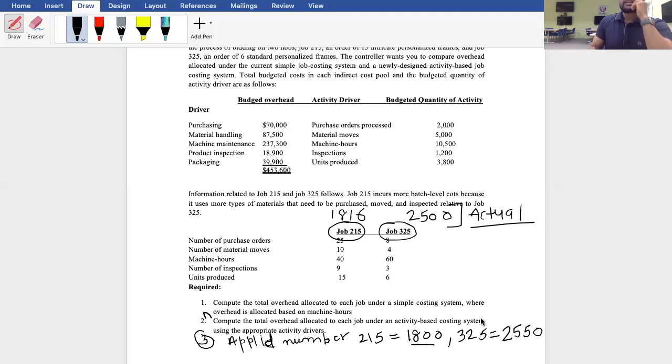These two numbers are applied numbers. So here I will write down: calculate over and under applied for both costs, so for both products.